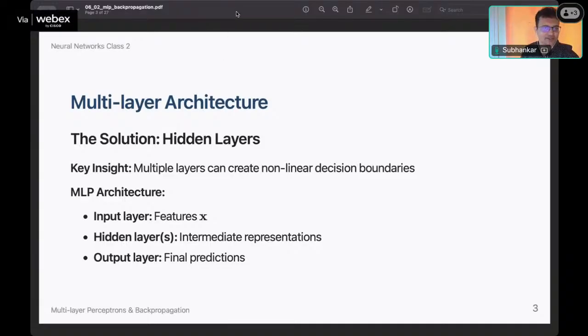Yes, fine. So what we have here is that the input layer will have features and the hidden layers will have intermediate representations. So the features go in, intermediate representations are getting formed, and the output layer will give you the final predictions. Yeah.